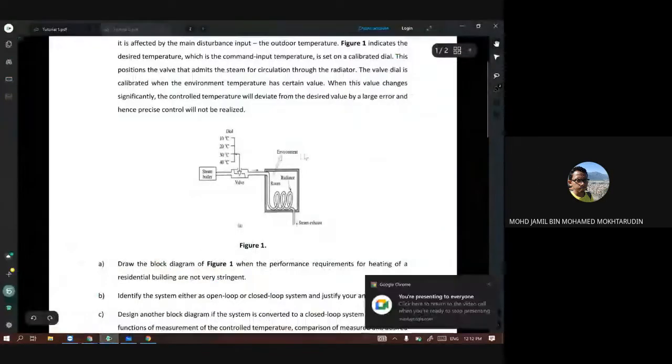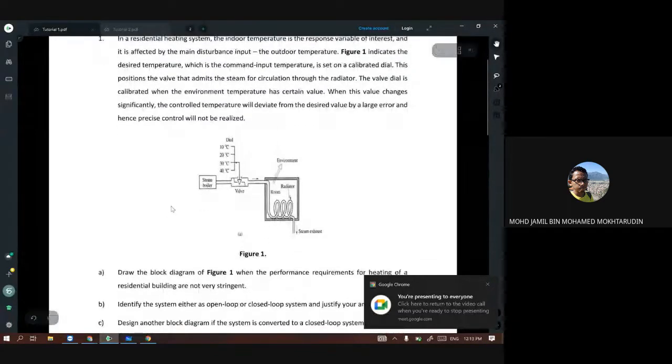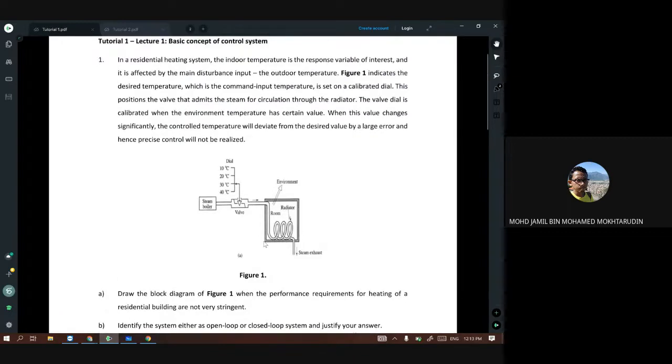Okay. So from question 1, question 1A, draw the block diagram of figure 1 when the performance requirements for heating of a residential building are not very stringent. This kind of question is common for topic lecture 1.